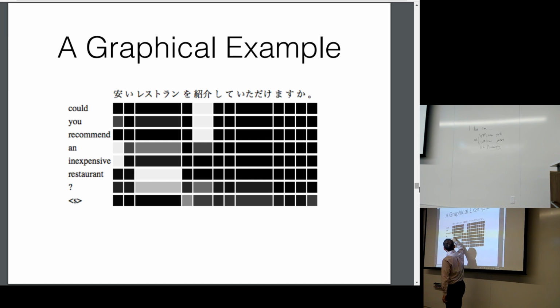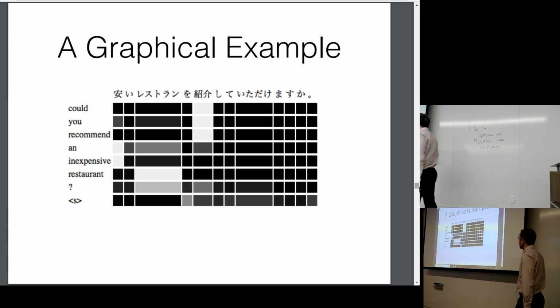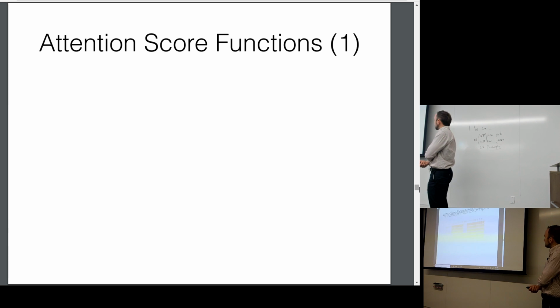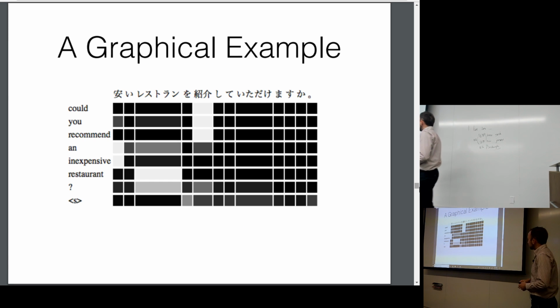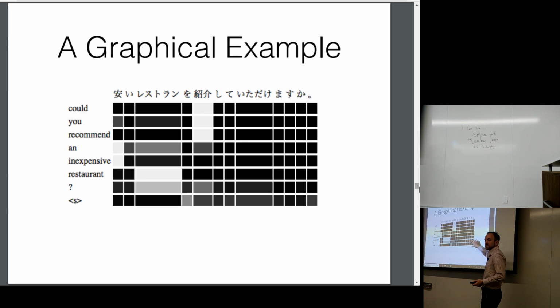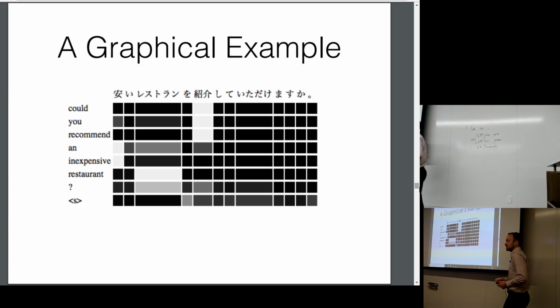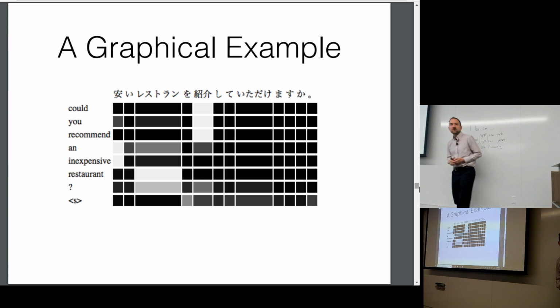Then in the next words, it's focusing on this thing that is "inexpensive", and then "restaurant", etc. So this is the basic idea, and you can see that this is doing what I explained before, right? It's looking at each word in the source, and then when it generates the next word, it's focusing on particular ones that are best for generating things.